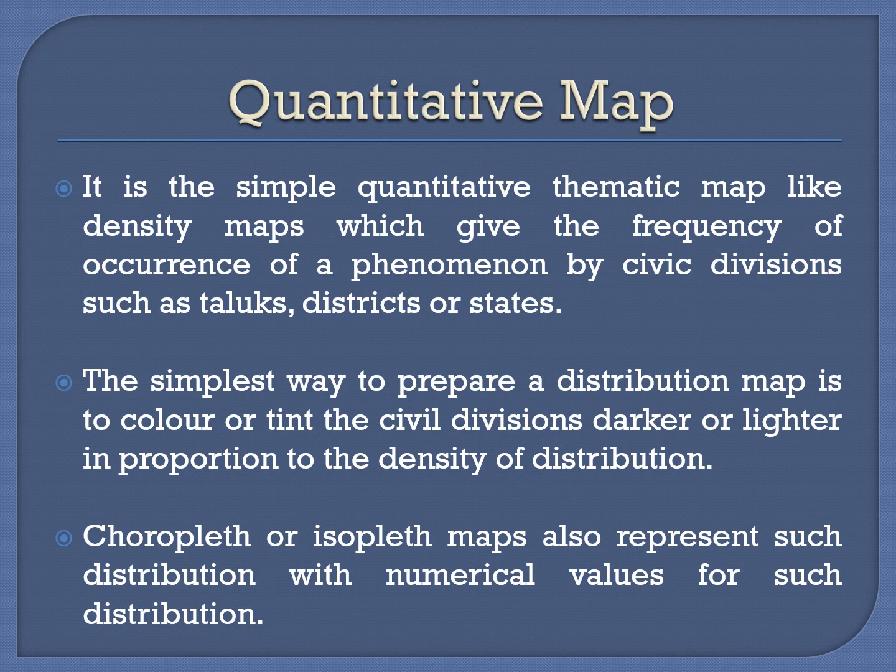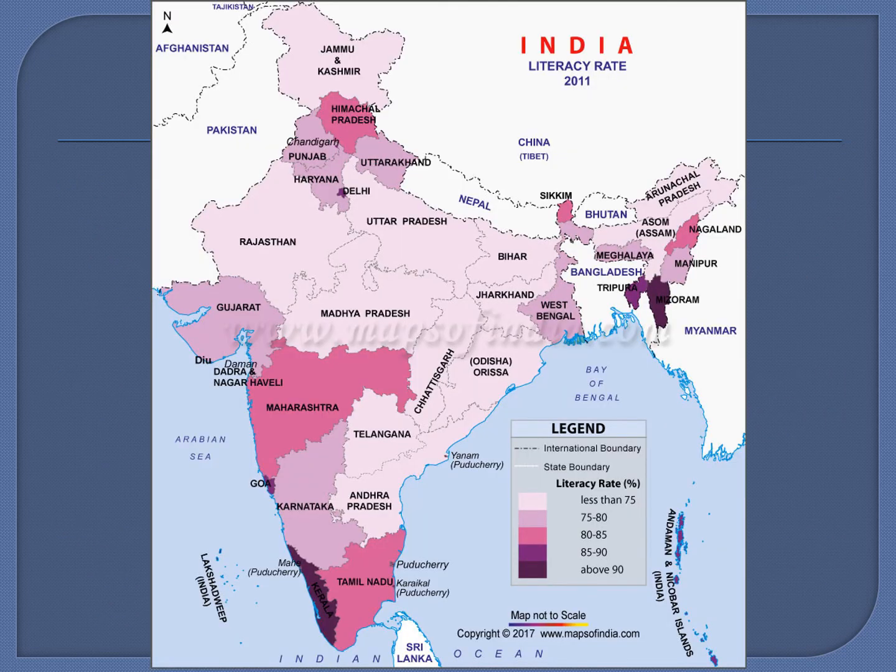For a density map or the frequency or distribution, to show that different states or different districts of the regions will have this much density, quantitative maps are generally shown. The best method to show a quantitative map is the choropleth, or the isopleth map can also be used.